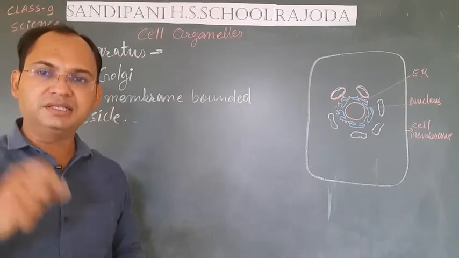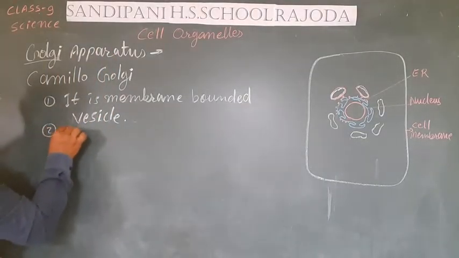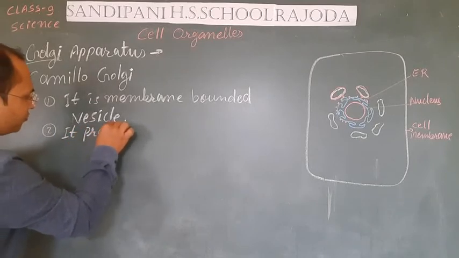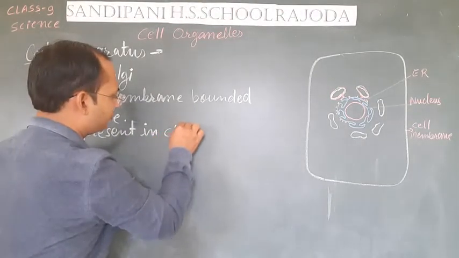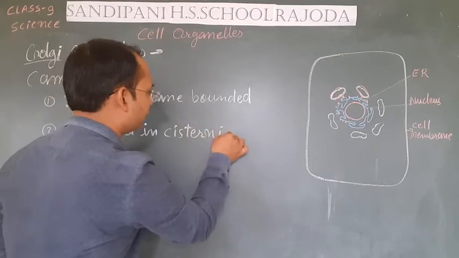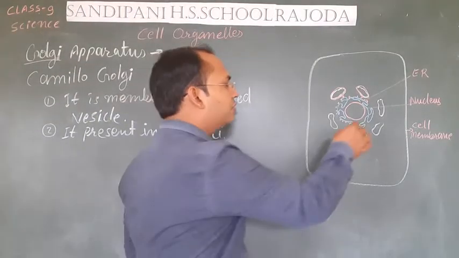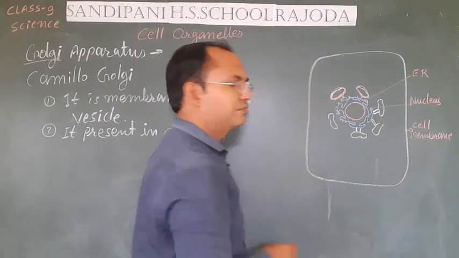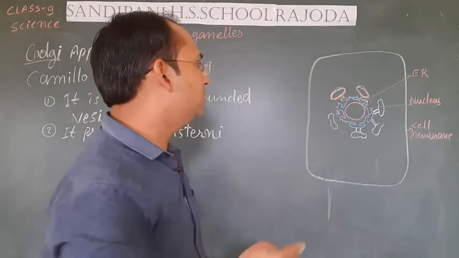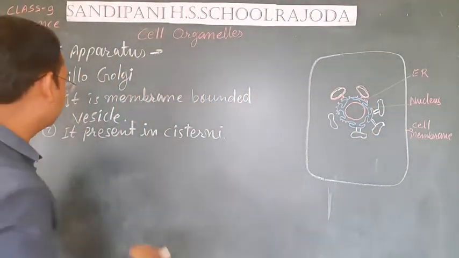It is present inside the cisternae. Cisternae is actually the place where the Golgi apparatus is present, and the next property is that its membrane is connected to the endoplasmic reticulum, so that it can easily exchange information as well as material with the Golgi apparatus.